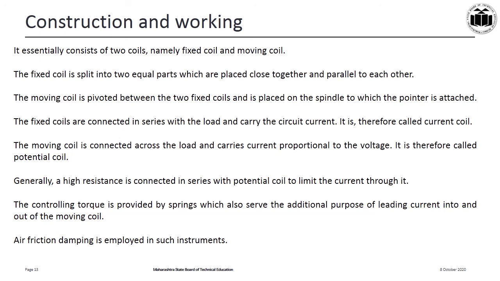Although the direction of current reverses, there is a simultaneous reversal of direction of current in the fixed coil. So the deflection torque remains unchanged, and hence the dynamometer type wattmeter is used for measurement of AC power.